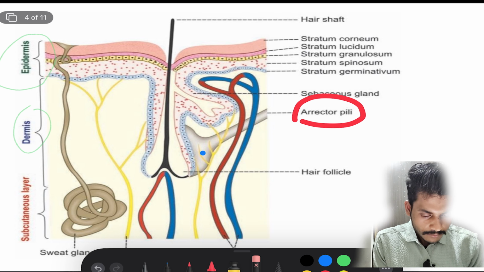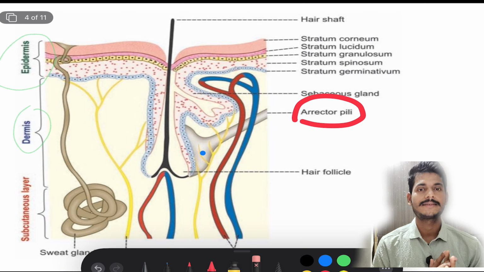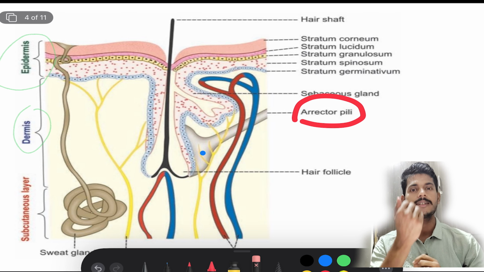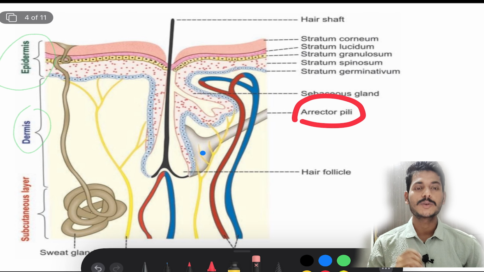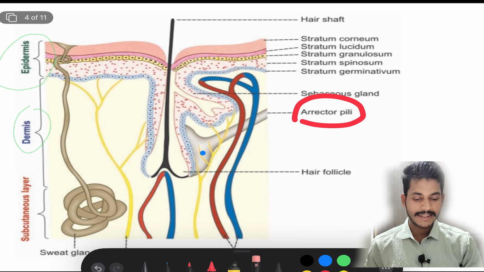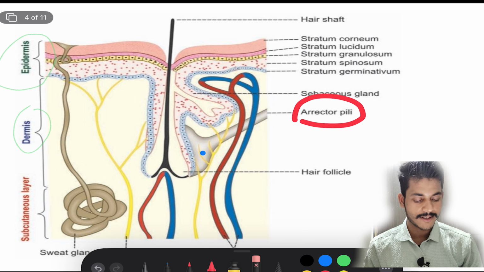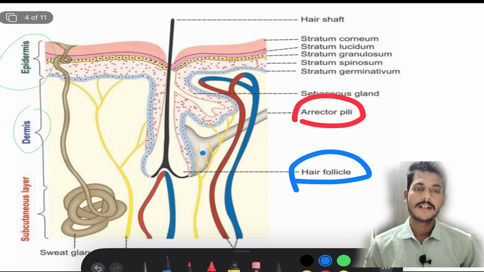Now, you know that our skin has hairs. We have hairs over the skin, and their roots are present inside the dermal region. This is basically called the hair follicle.